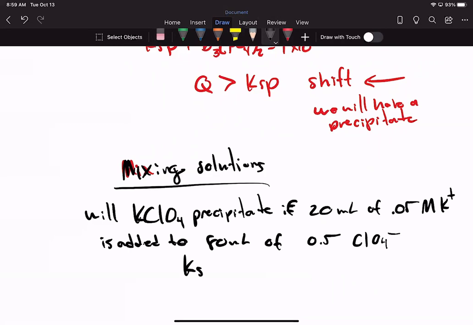And let's give you a KSP value. So KSP is equal to 1.05 times 10 to the minus 2 is our KSP value.